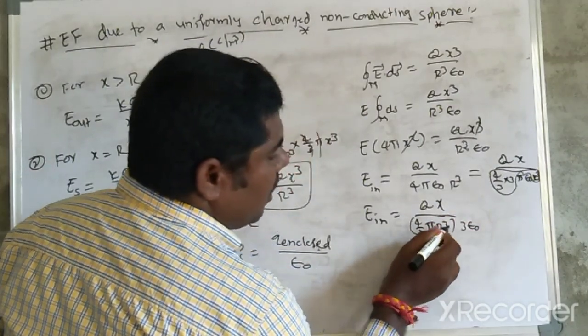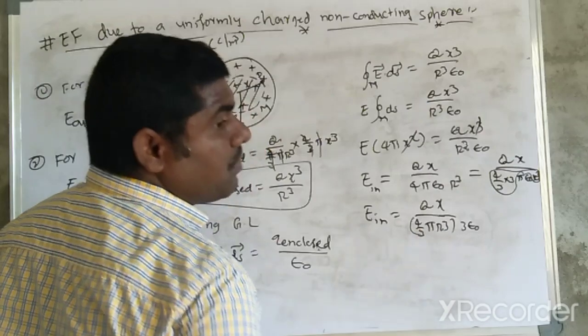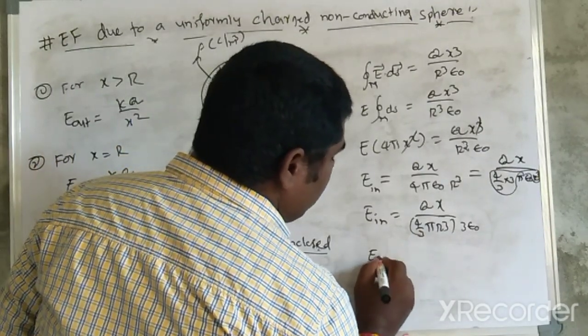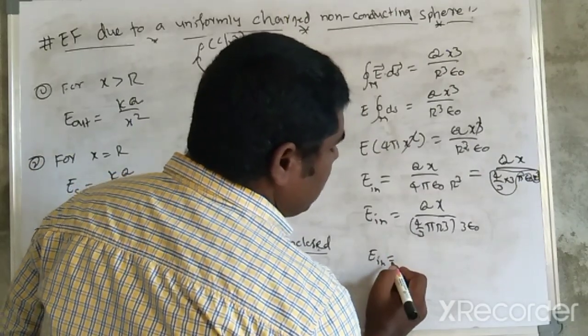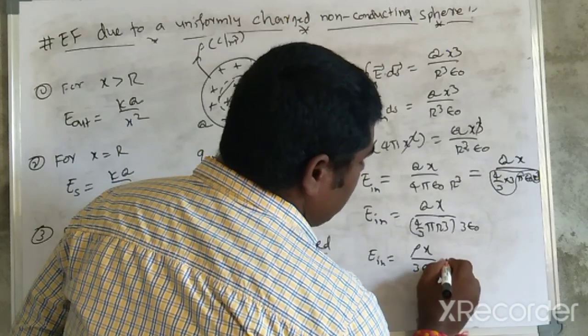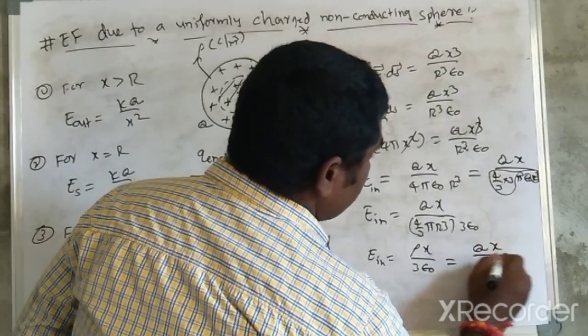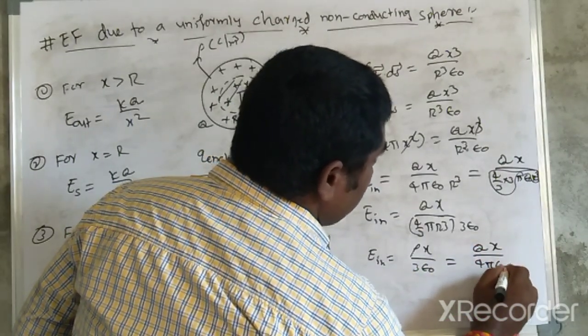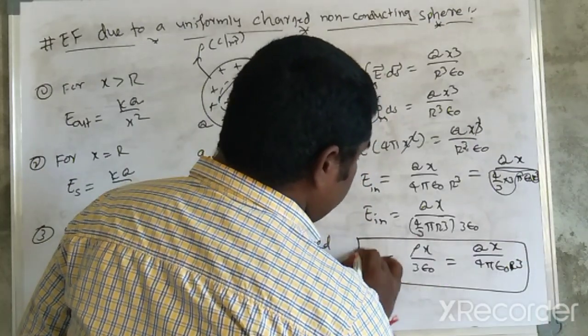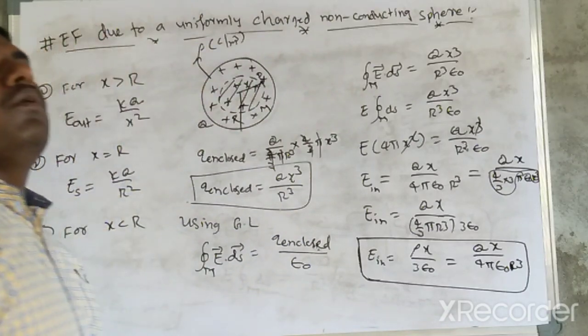Q divided by 4 by 3 pi R cube is nothing but the charge density. So the electric field strength inside is rho x divided by 3 epsilon naught, which is also Qx divided by 4 pi epsilon naught R cube. This formula is very important while doing numerical problems.